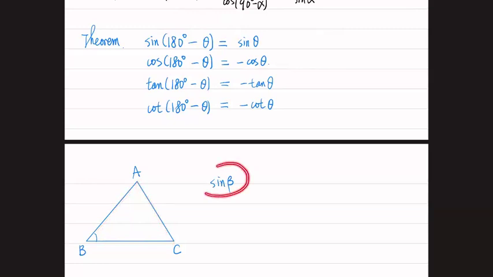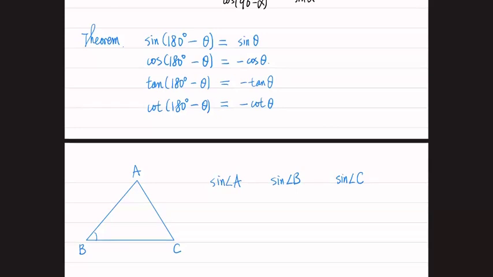So here, sine B is defined. Okay, let's go with all three of them. Angle A, angle B. Again, we label the opposite sides with lowercase letters a, b, c.